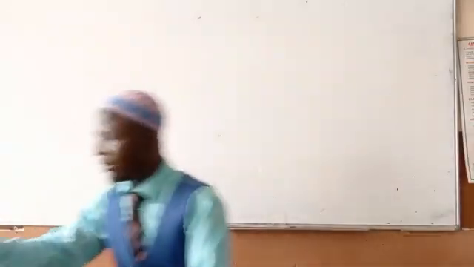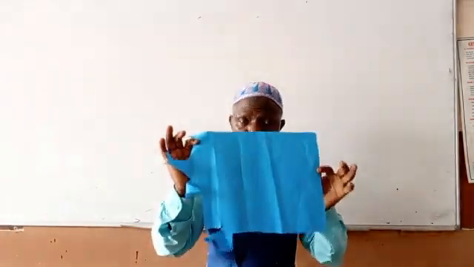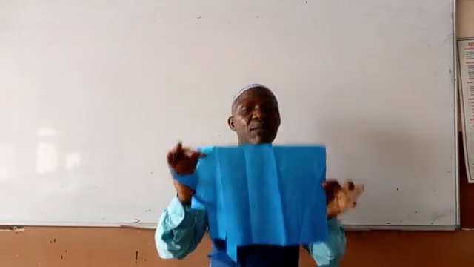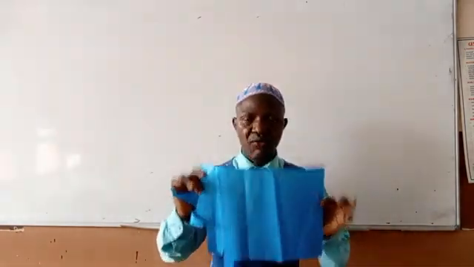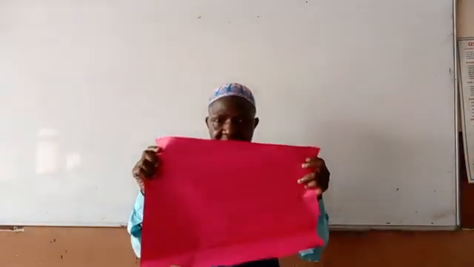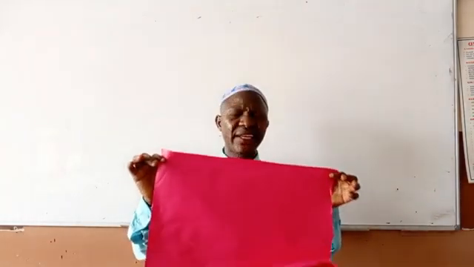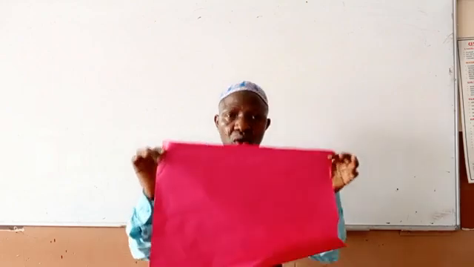Then another one, this is blue. We see it as blue because it reflects only blue out of the colors of white light. Now look at this one. This is what? Red. You see it as red because it reflects only red out of the colors of white light.